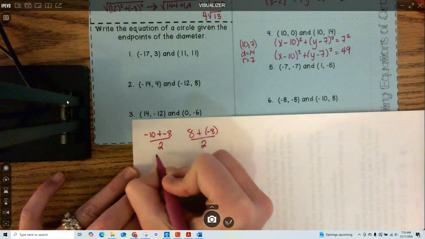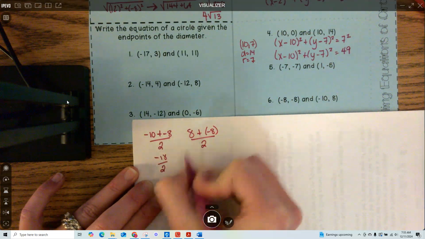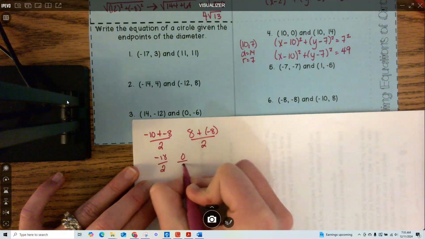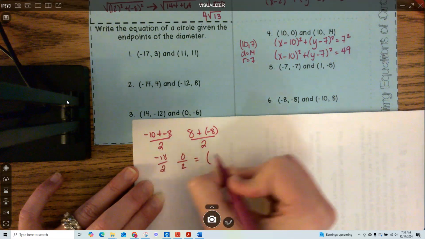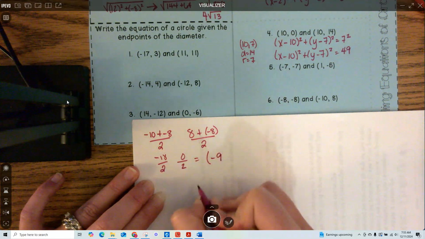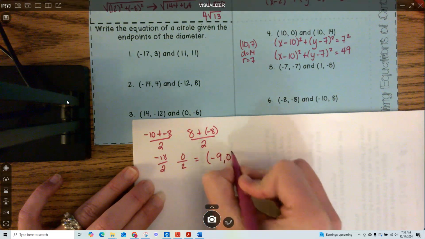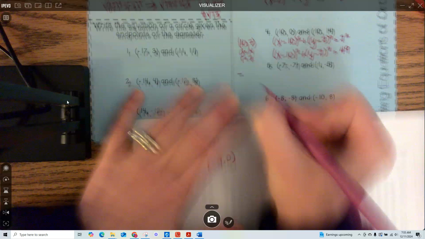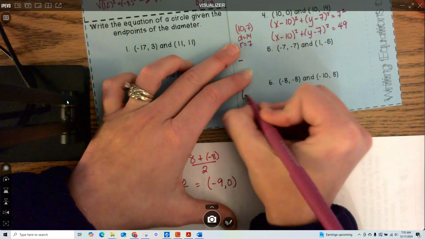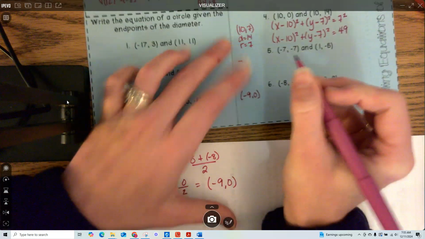Negative 10 plus a negative 8 is negative 18. 8 plus a negative 8 is 0. Negative 18 divided by 2 is negative 9. 0 divided by 2 is 0. This happens sometimes. So my center is (-9, 0).